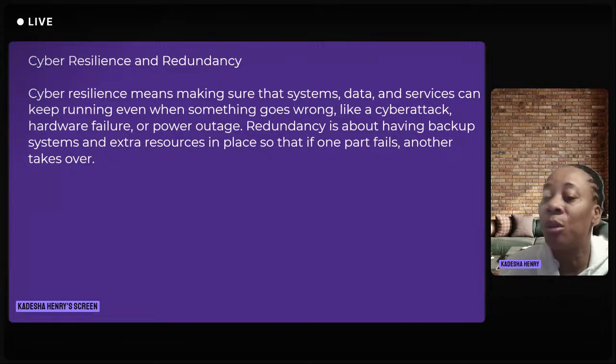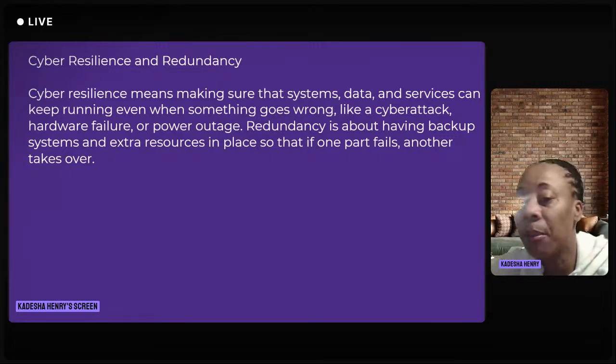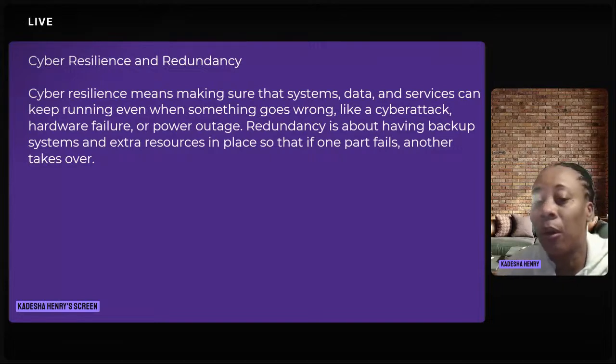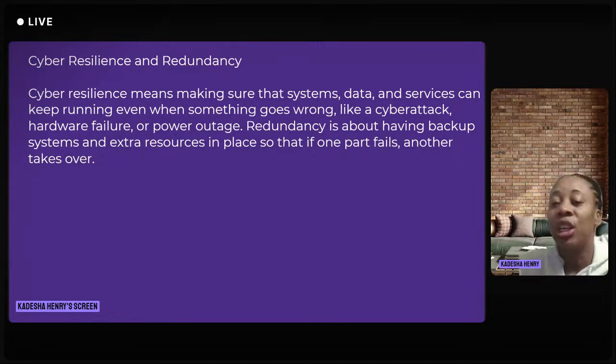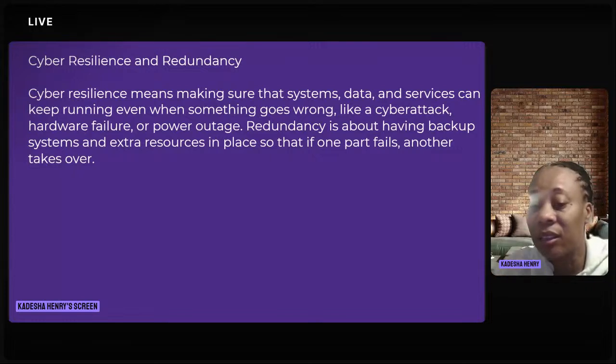So when you're thinking of resilience, you're thinking that even though the system is impacted or affected by something negatively, the vital areas of the organization will continue to run. Okay? So let's say a power outage. If there was a power outage or a hardware failure, what would we have in place to make sure that the business continues to run?